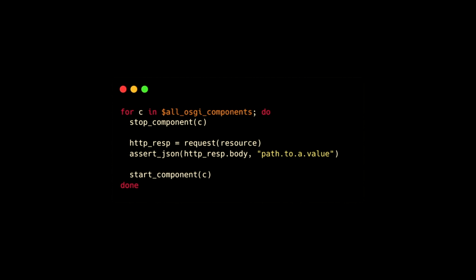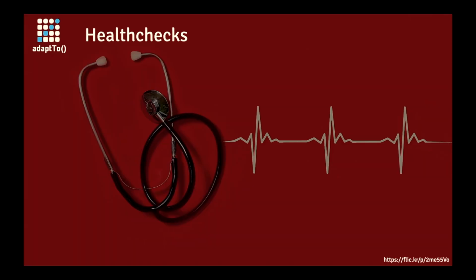So I started a super naive loop: give me all the components, and for every single one of them, stop it, request the JSON, see what it returns. If that's invalid JSON, just save it, start the component, and repeat the process for the next one. There are 2,000, 3,000 components on an instance, so that may take a while to analyze. But I found a few.